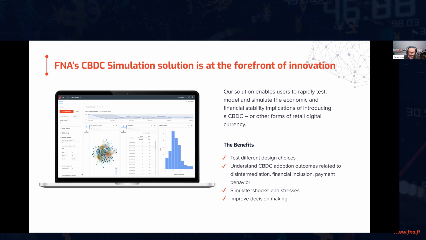And this is particularly important for the topic that we're dealing with today, because what we are trying to do with this CBDC simulator solution is to give central banks and other stakeholders the ability to understand how design options, those design options that will be used by the end users when they use a CBDC, the ability to model them and to think what will be the outcomes of having different design options.